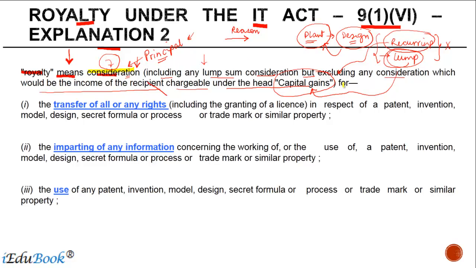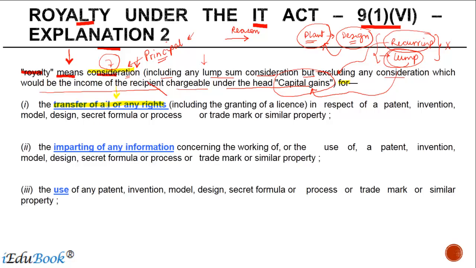So consideration for transfer of all or any rights. I will deal with each one of them independently in the future slides. But what I want to tell you is why we have marked this in blue: this is the most significant part.